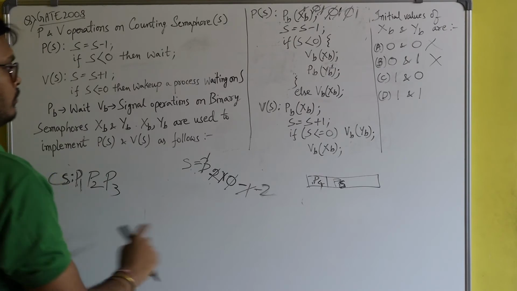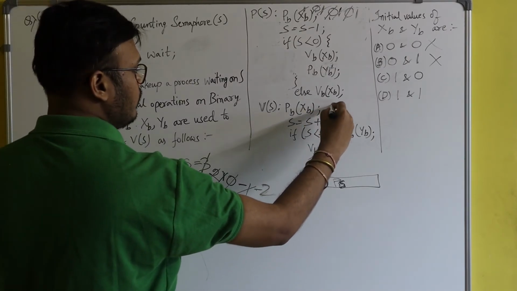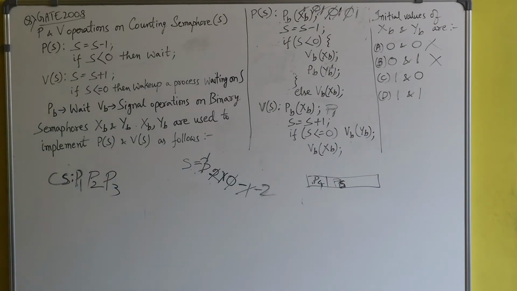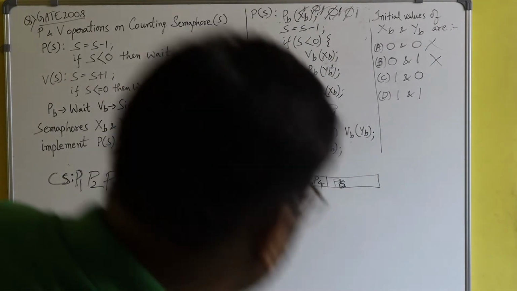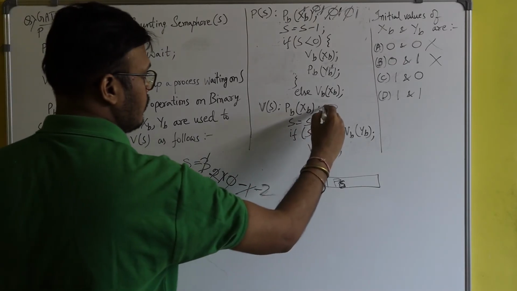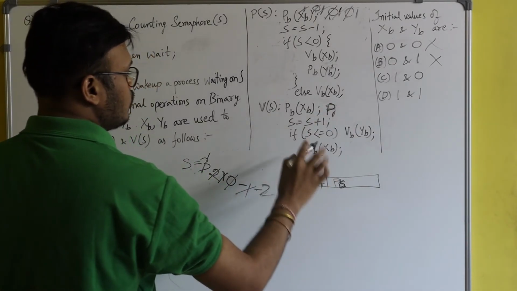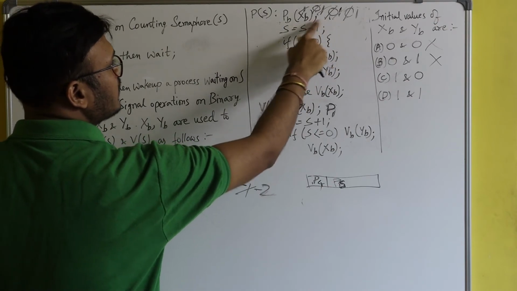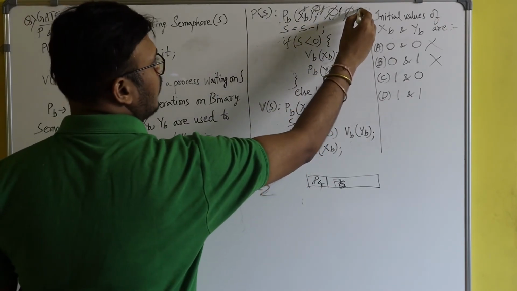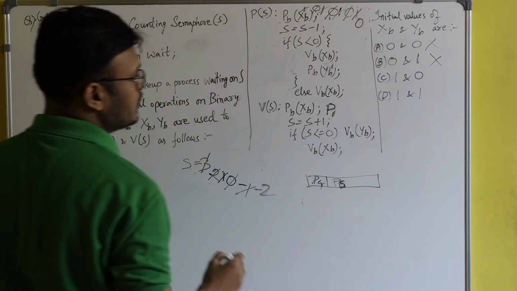You see how P1 will run this line. Since the value of XB was 1, after executing this line the value of XB will become 0 this time.